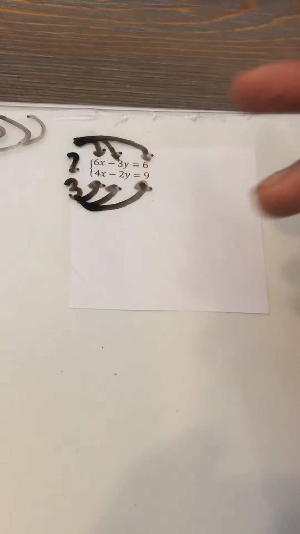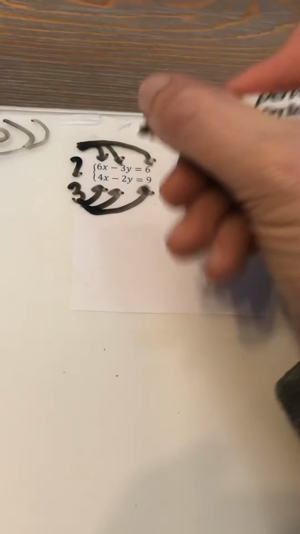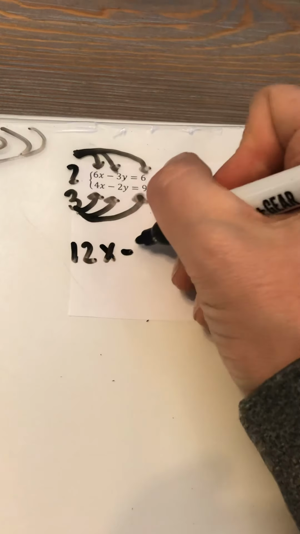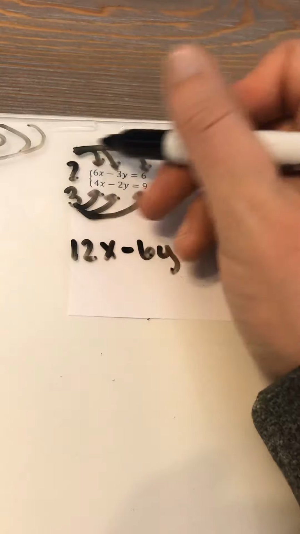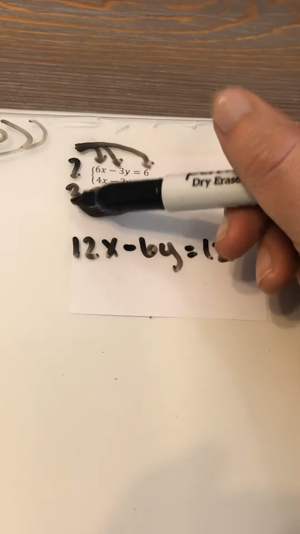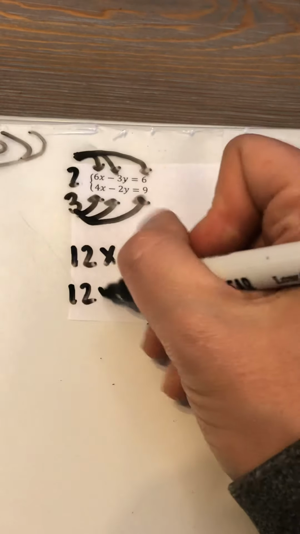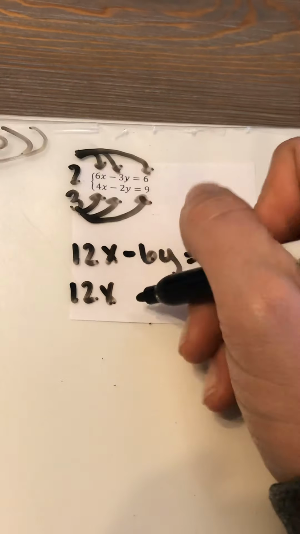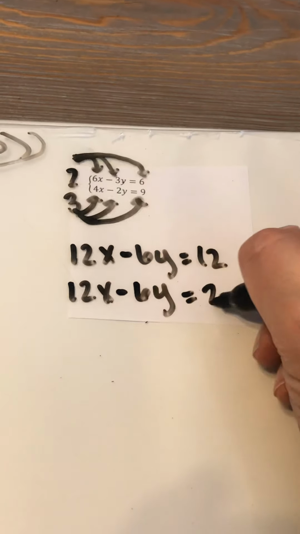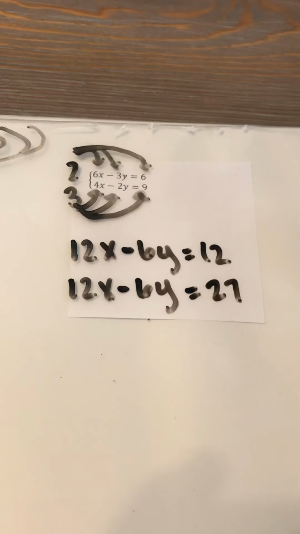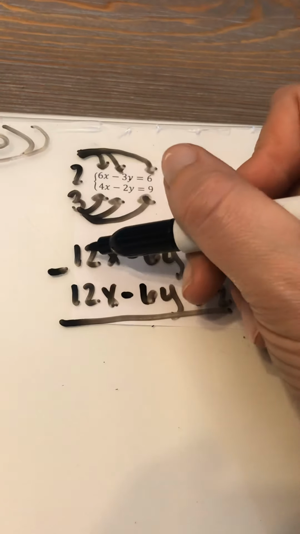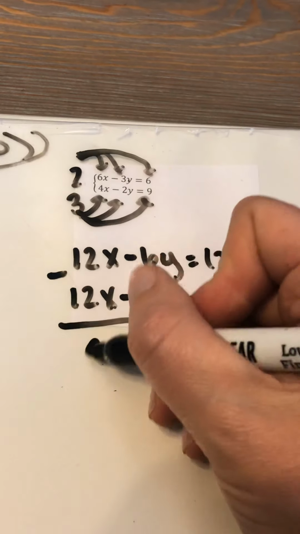So I'm going to go ahead and multiply, and I'm going to rewrite them down below. So 12x minus 6y, multiply again, equals 12. And then down here, 12x minus 6y equals 27. So you'll notice that if I subtract 12 minus 12, that's 0.